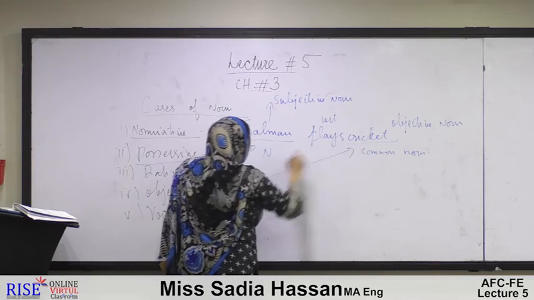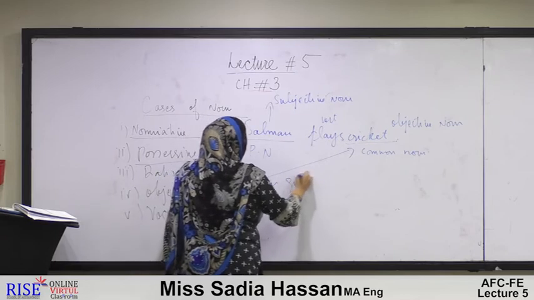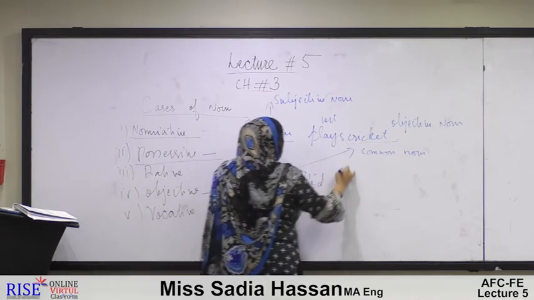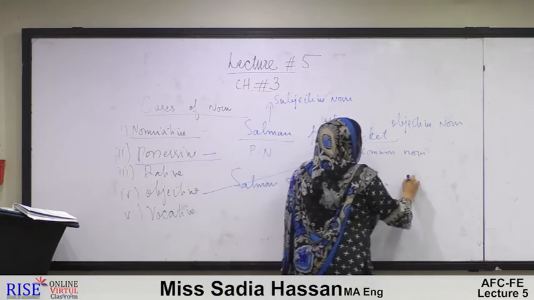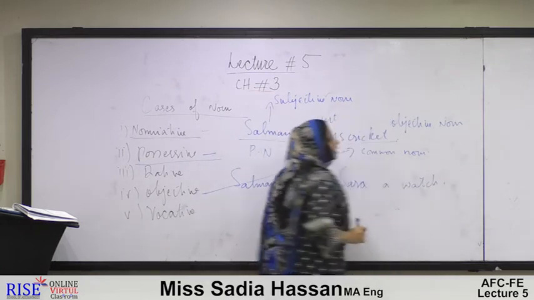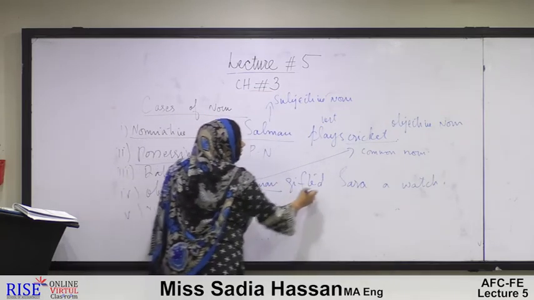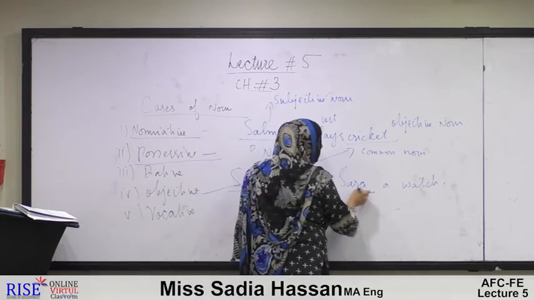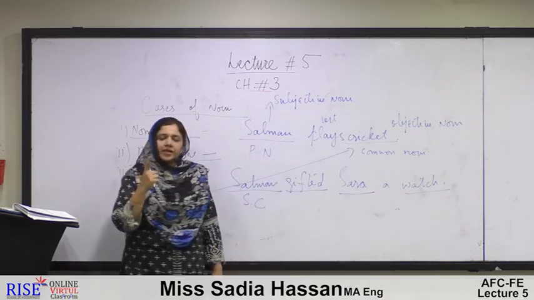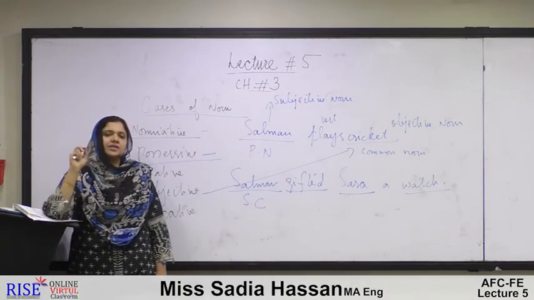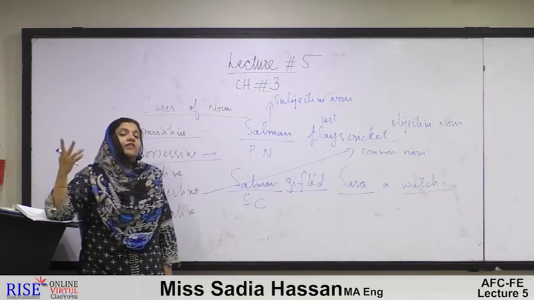Sometimes, in the place of the object, we find a person. Salman gifted Sarah a watch. Here I see two different objects. Salman is a subjective case, gifted is a verb, Sarah is an object, and watch is an object. Whenever there are two objects in a sentence, one is a person and the other is inanimate, and they are given different names.